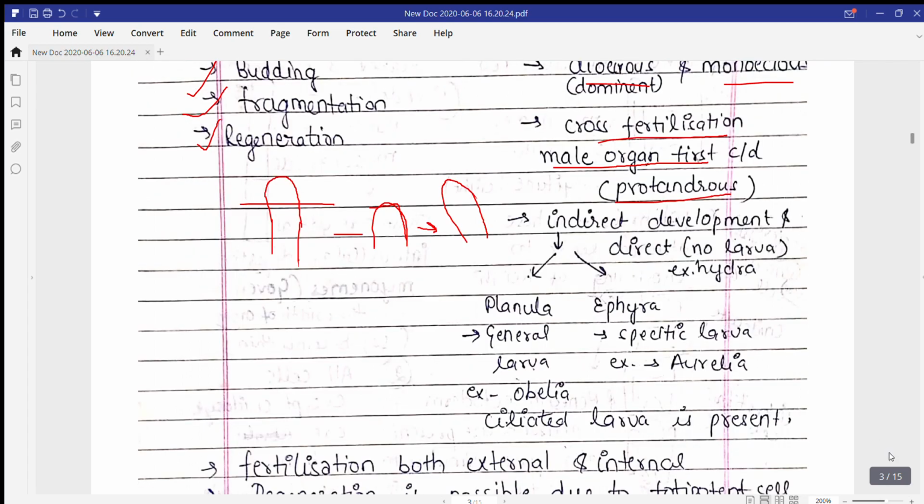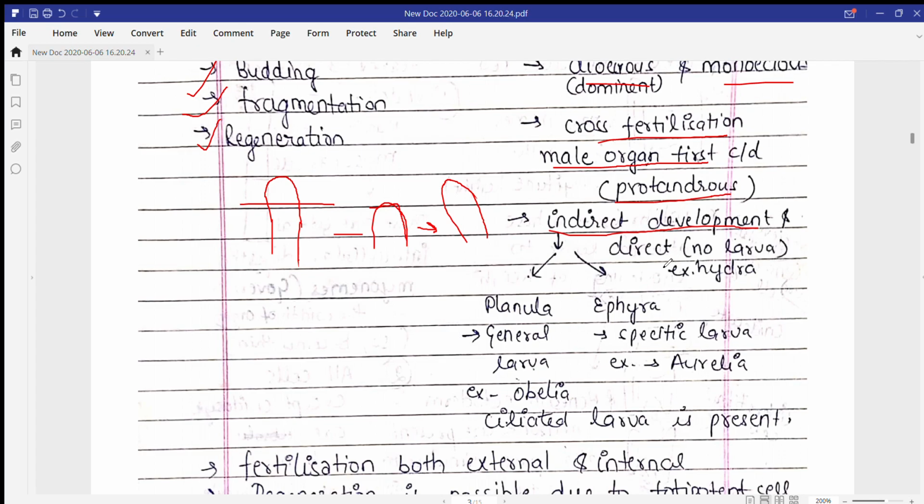Now they basically undergo indirect development. What does it mean? Indirect development means they have some larval stages in their development. If a larva is found in any developmental stage of an organism, then we call it indirect development.